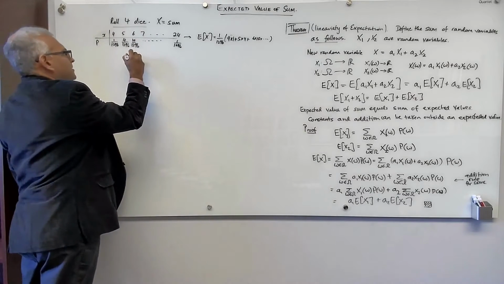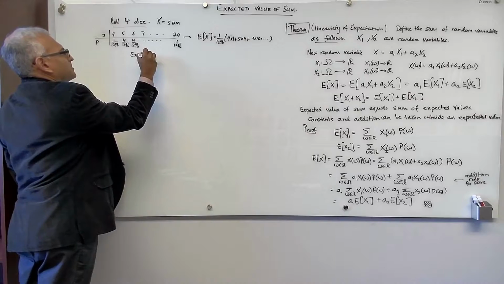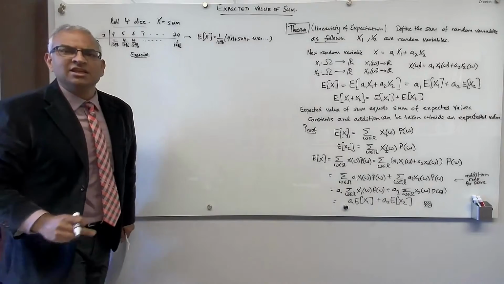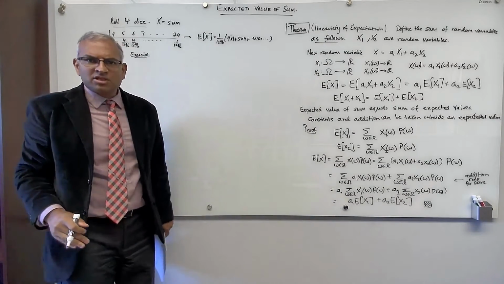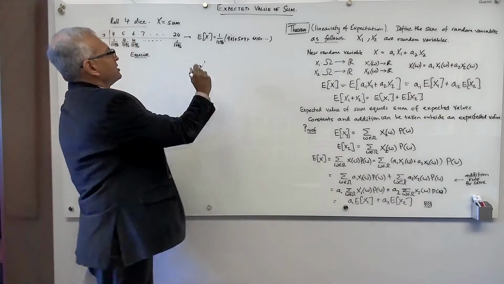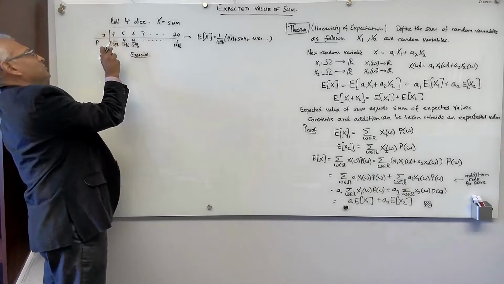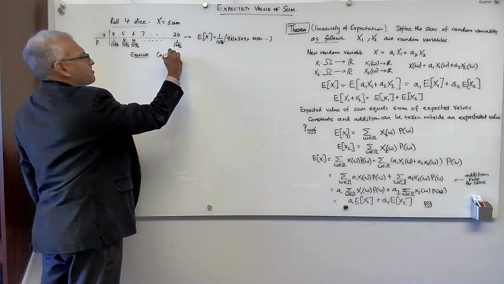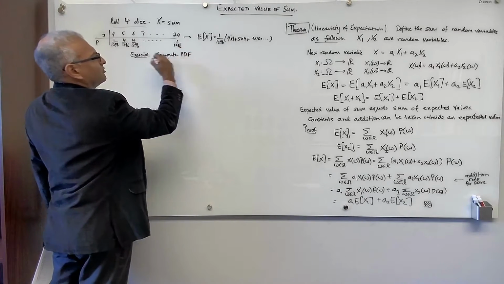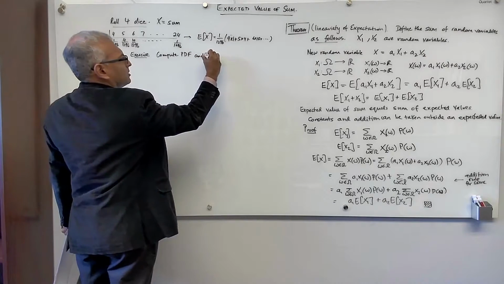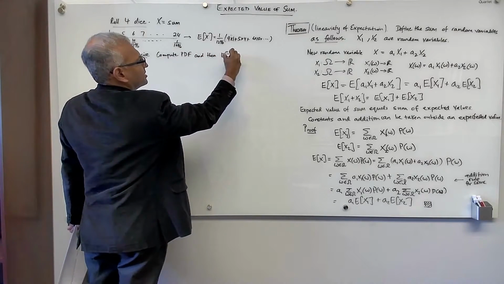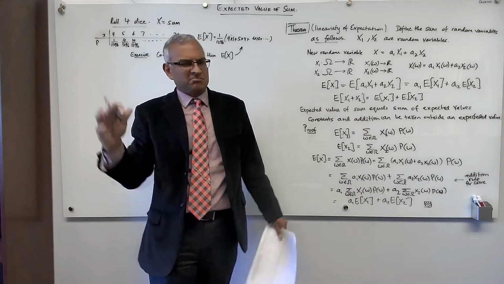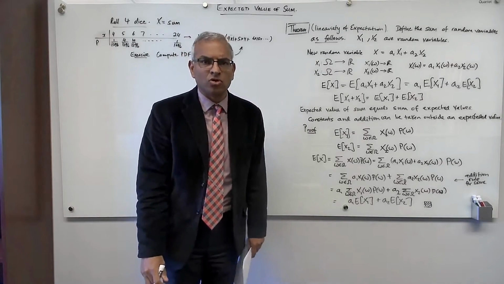So, an exercise in masochism: compute this expected value by first computing the PDF, and then computing the expected value using the formula, which is the weighted sum, where you take the value, weight by the probability, and add. So the exercise is to compute the full PDF, and then the expected value of x, as above. It's a relatively straightforward exercise, although tedious.